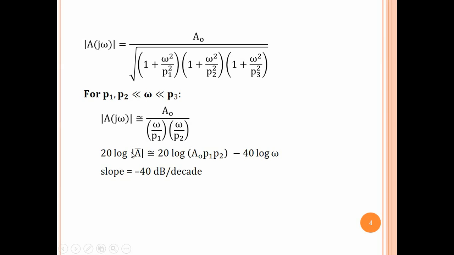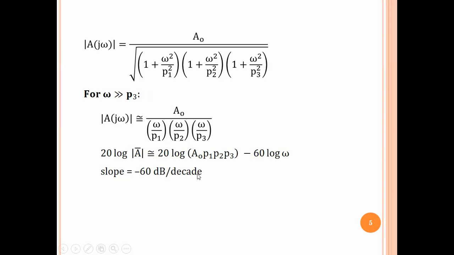So when we do the log, we'll get 20 log a, 20 log a0 P1 P2 minus 20 log omega squared, and 20 log omega squared is 40 log omega. So the slope of this part of the characteristic will be minus 40 dB per decade. And similarly for omega much greater than P3, all the three terms in the denominator will contribute and we'll get a slope of minus 60 dB per decade.